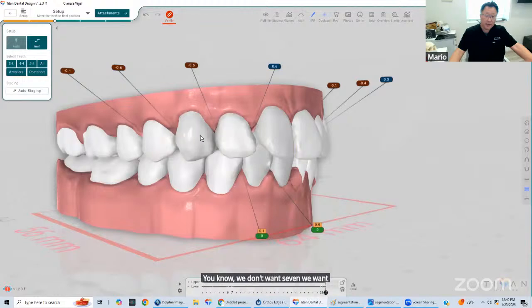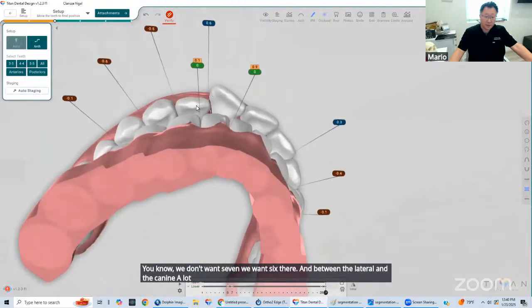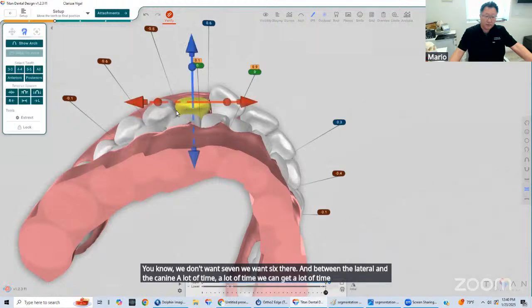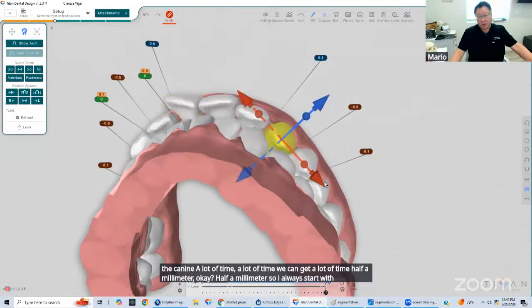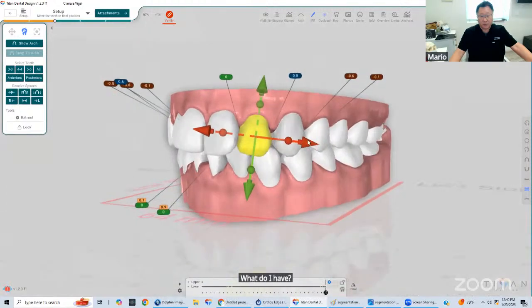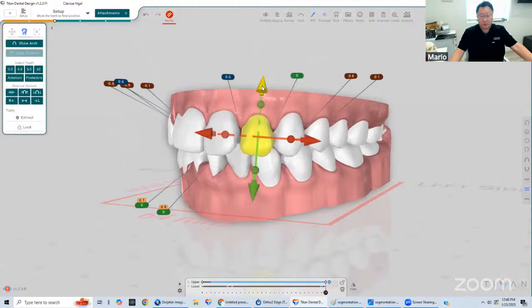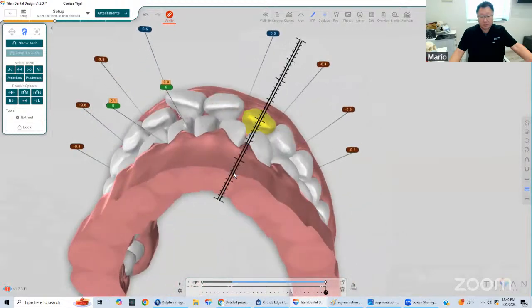And between the lateral and the canine, a lot of times we can get about 0.5 millimeter. So I always start with what do I have that I can do? So I can take this 2, I will go up and retract.